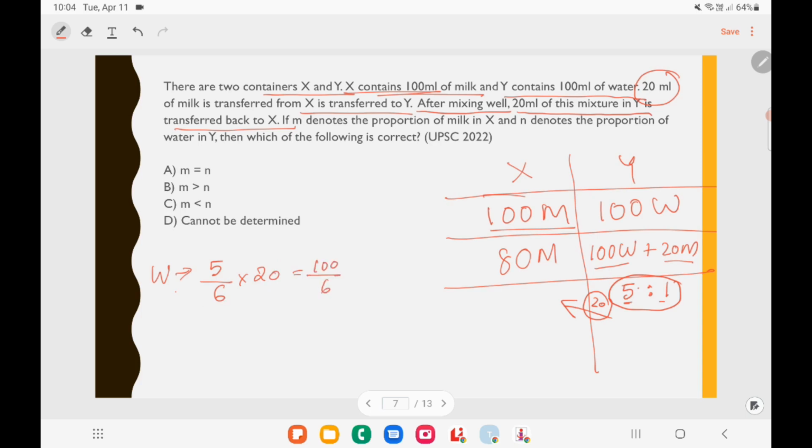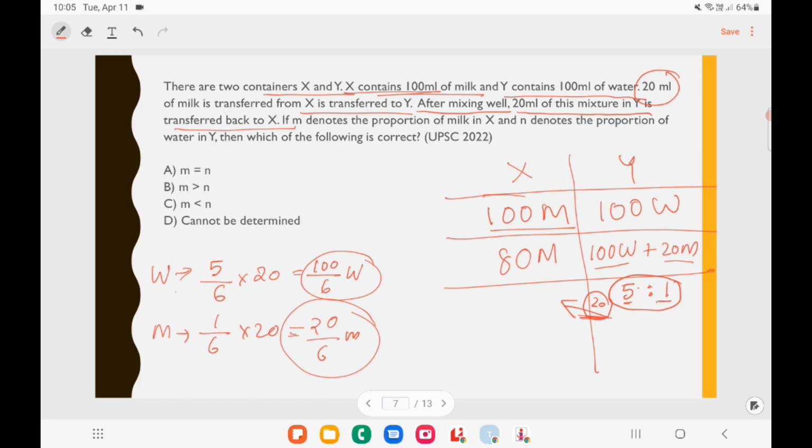Okay, 100/6 water is there in that 20 ml. Now how much milk will be there? The ratio is 1, so 1 divided by 6 into 20, you will get 20/6 milk. So in this 20 ml that we transferred from Y to X, you will have 100/6 water and 20/6 milk.